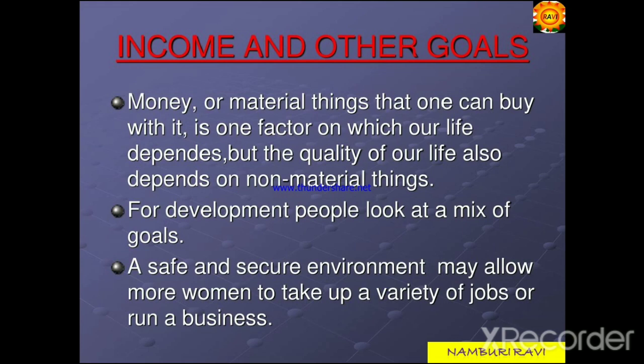Now we can see income and other goals. Money, or the material things that one can buy with it, is one factor on which our life depends, but the quality of our life also depends on non-material things. Generally we think that a human being's life depends basically on money and materials, cash or kind.